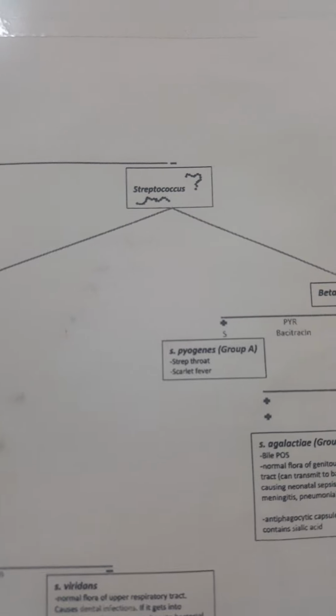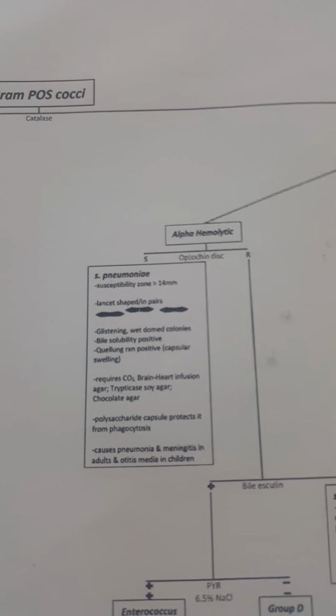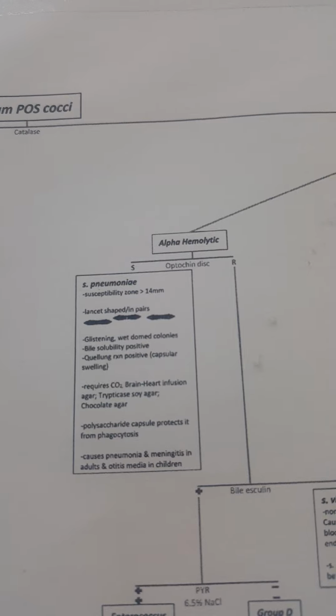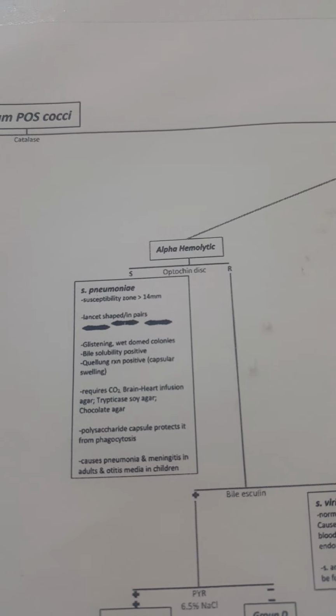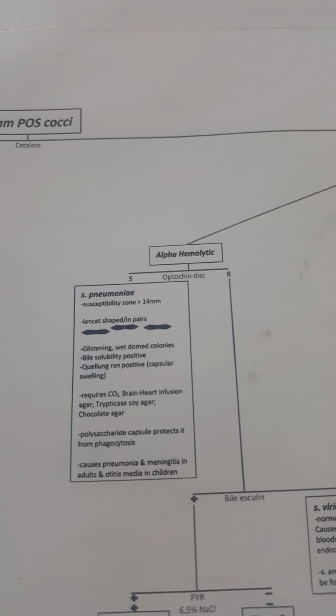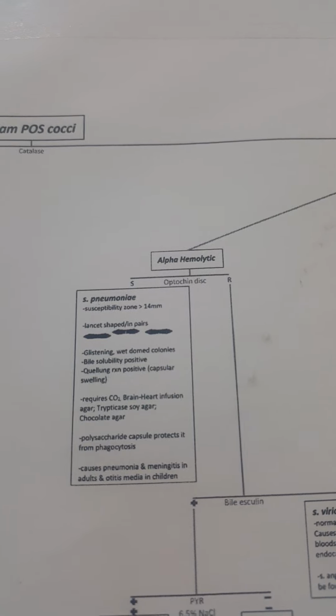Now we will go to the Streptococcus family. In the Streptococcus family, we have beta hemolytics and alpha hemolytics. First we will discuss alpha hemolytic. In alpha hemolytic we have the Optochin disc, which is sensitive for pneumoniae, and the susceptibility zone is more than 14 mm.